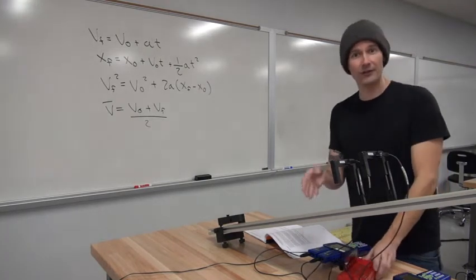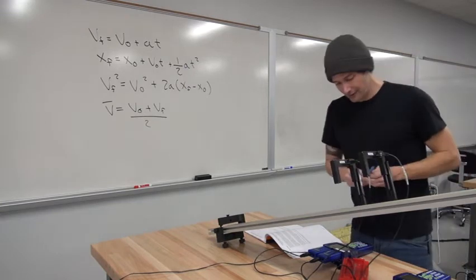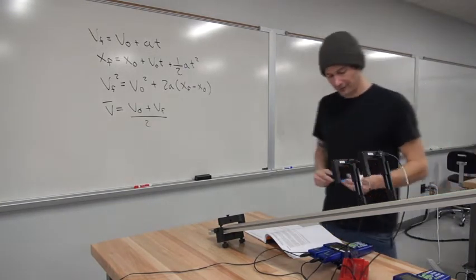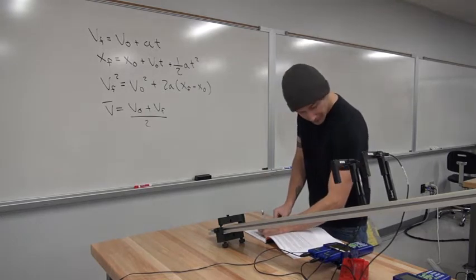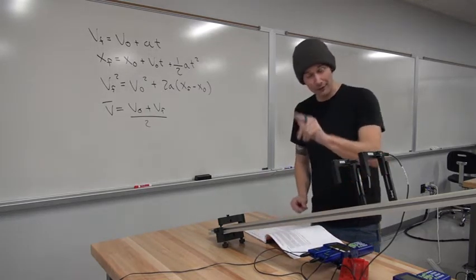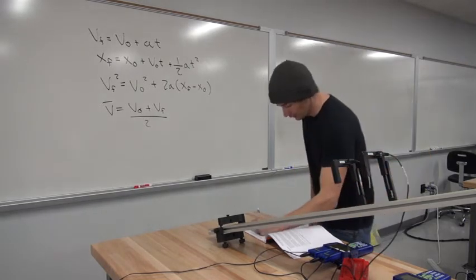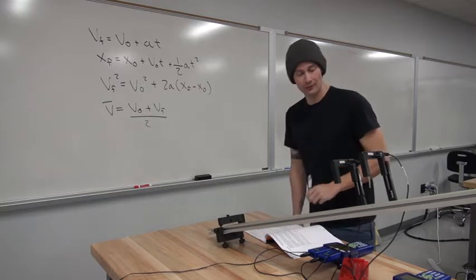A little bit of variance because I screwed up just a little bit. But that's okay. The average initial velocity for this one was 1.11 meters per second. The average final velocity was 1.36 meters per second.